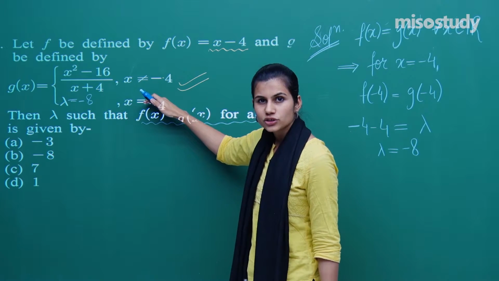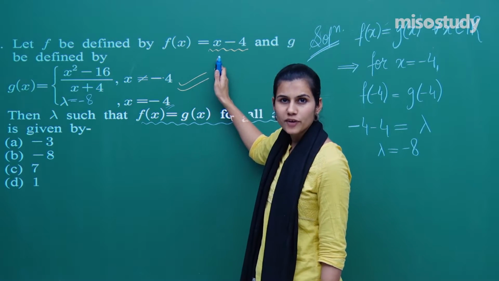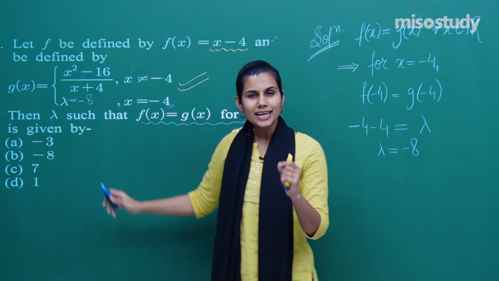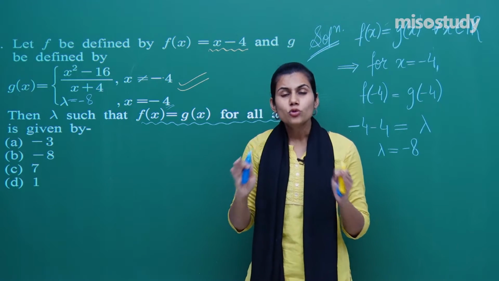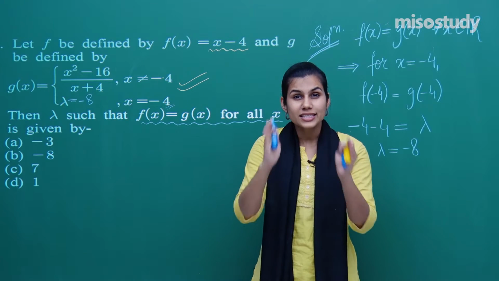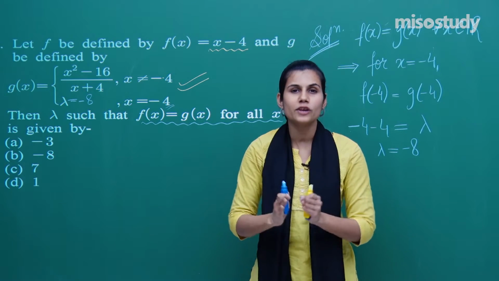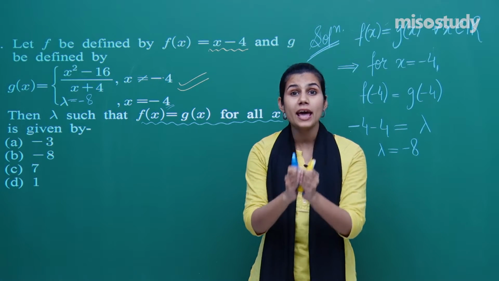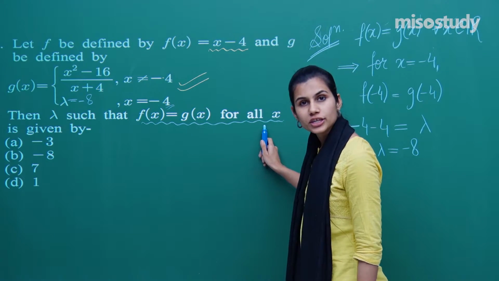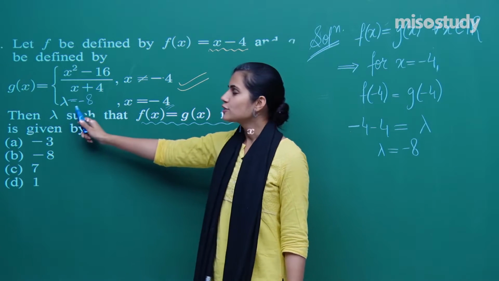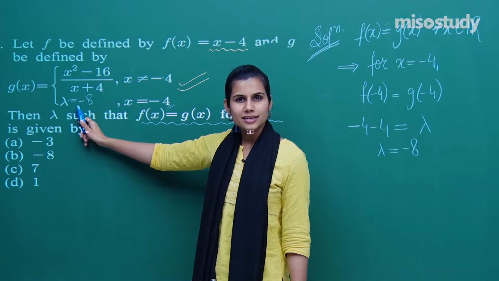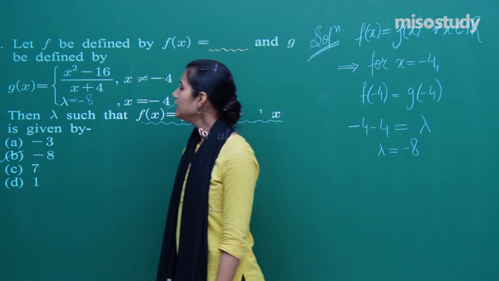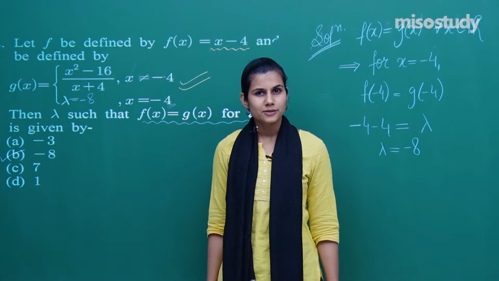This branch function is equal to this simple function for lambda equals -8. That is what is the answer. Two completely different looking functions can also be equal functions. They will deliver exact same output corresponding to every input coming from reals, only when in place of lambda you put -8. And therefore, the correct answer is given by option B, which is -8.